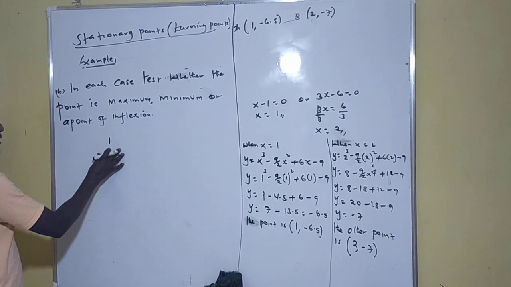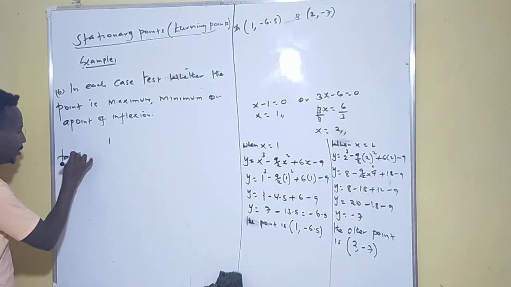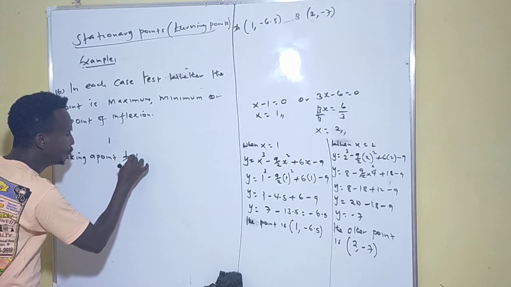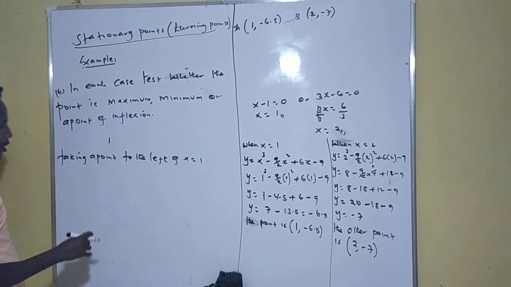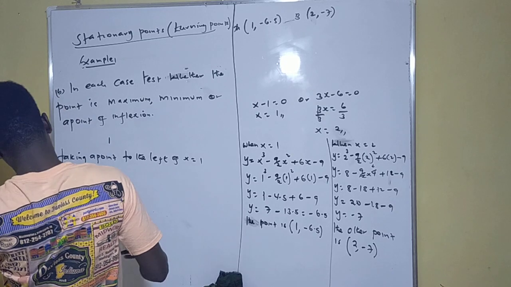Take a point to the left of x equal to 1. Remember, when x is 1, to the right is this side, and to the left of x is this side.